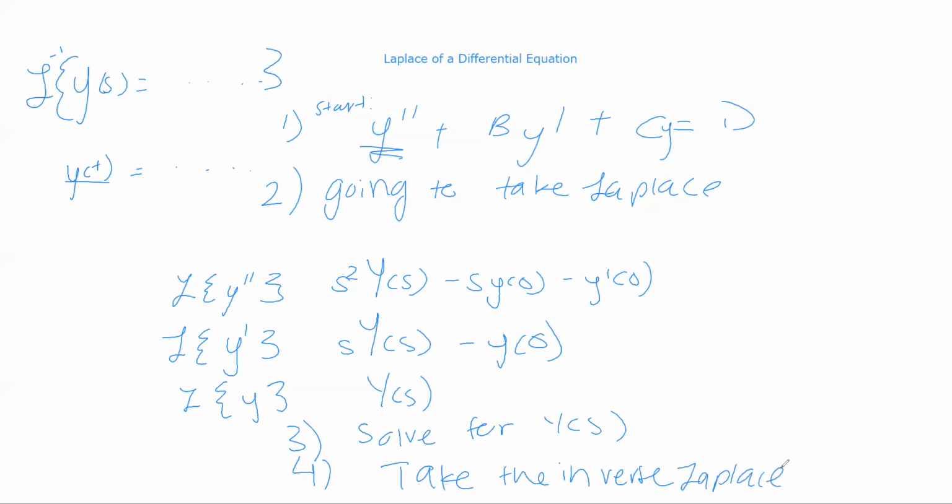When you're specifically asked to do the Laplace on a differential equation, these are the steps you're always going to take. If things are a little bit weird, like one of the things we consider early on with trying to find a function is the integrating factor stuff. That means that this is not a function. This is not just a constant.